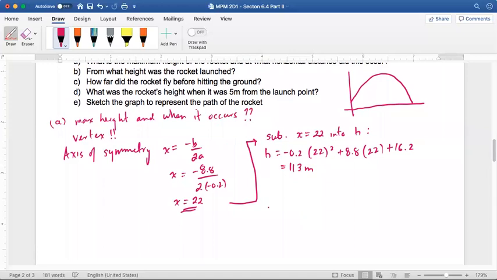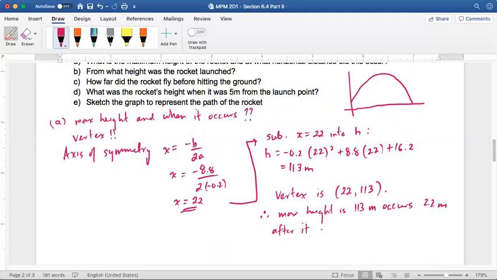So my vertex is (22, 113). So the maximum height is 113 meters, and it occurs 22 meters after the rocket is launched.